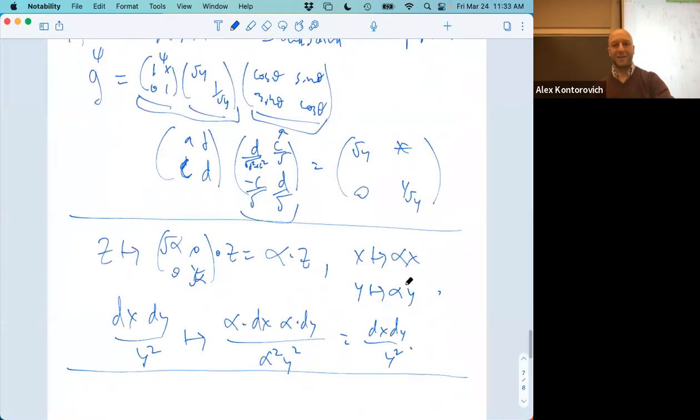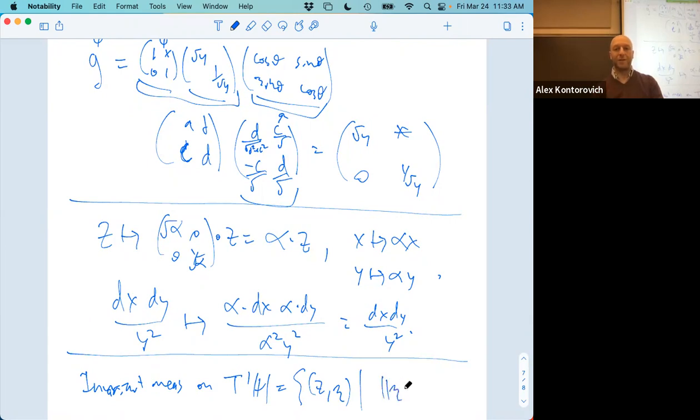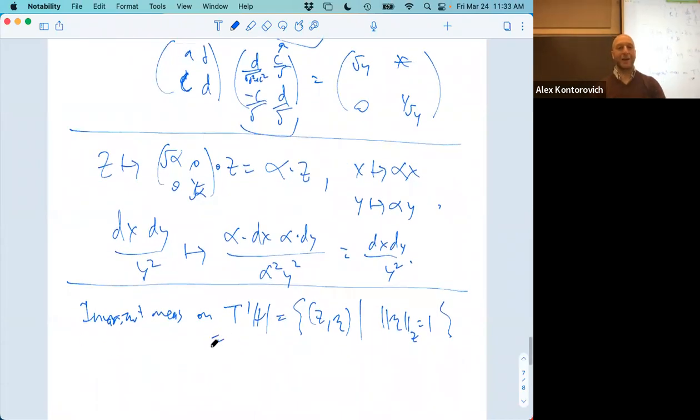And the last thing, as long as we're here, let me tell you what an invariant measure on the unit tangent bundle is. The unit tangent bundle again is z's and etas, where the length of eta is 1. Well, if the length of eta is 1, then you can think of eta as an angle, theta. And in fact, under the identification of this with SL2R itself, we can give a measure on SL2R.